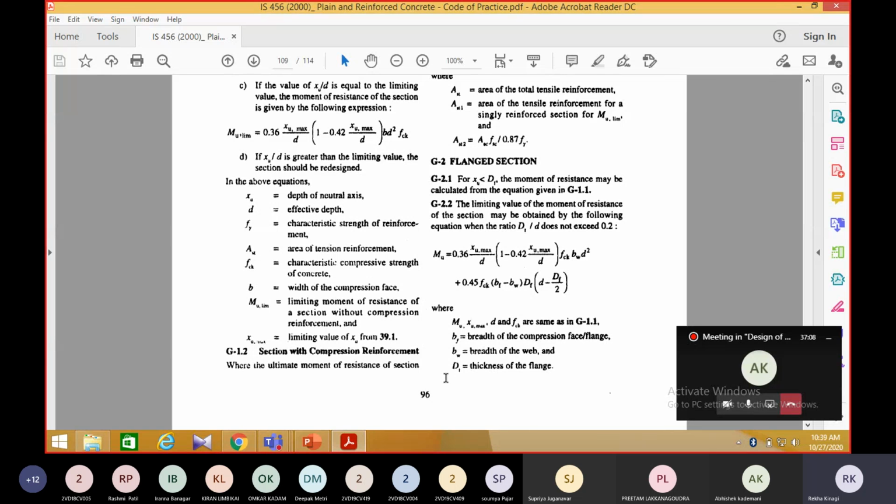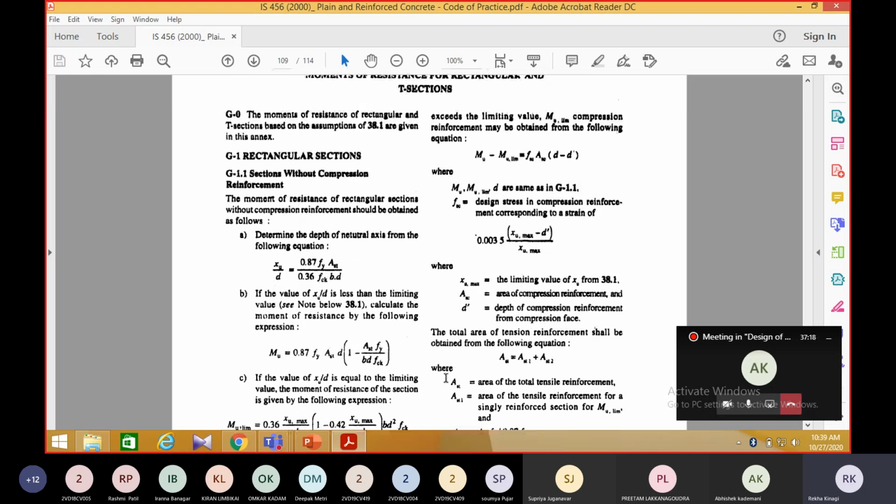Doubly reinforced section means now we need to design both tension reinforcement as well as compression reinforcement. So in order to design both, we need to calculate Ast1 as well as Ast2.